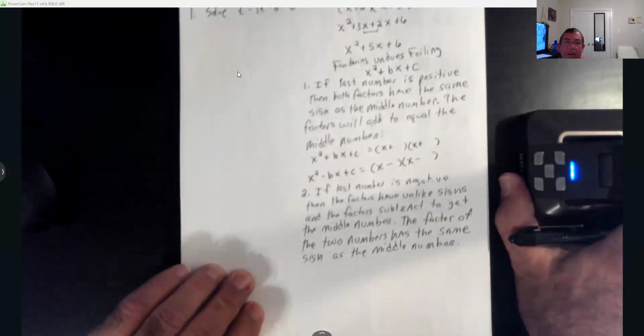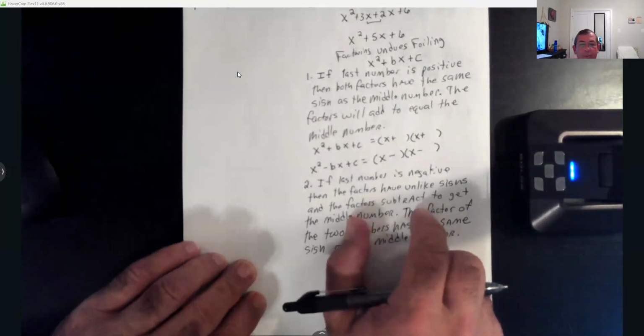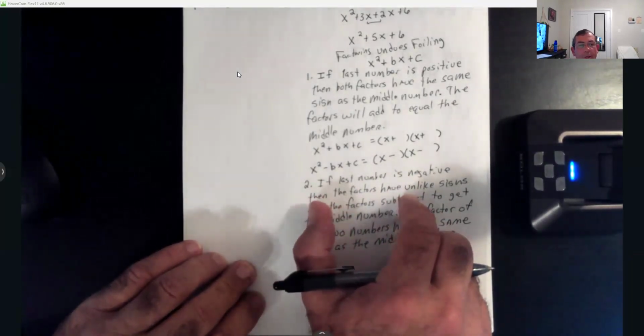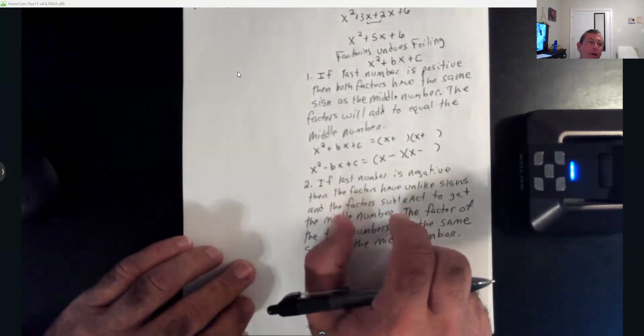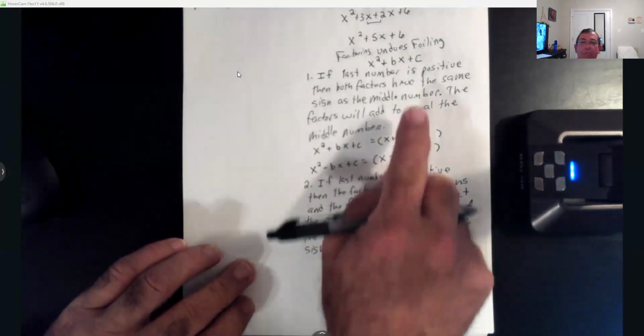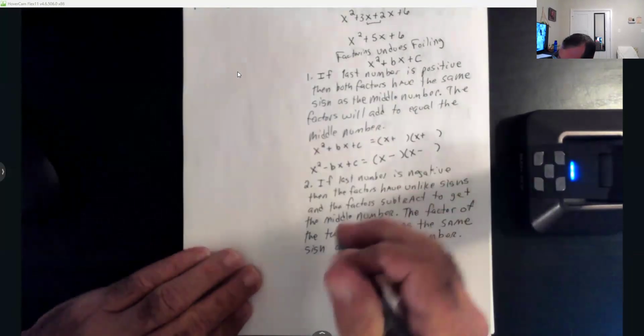Okay? So your factors are going to subtract to get the middle number. One's going to be positive, one's going to be negative. The larger of those two numbers will have the same sign as your middle number B, okay?